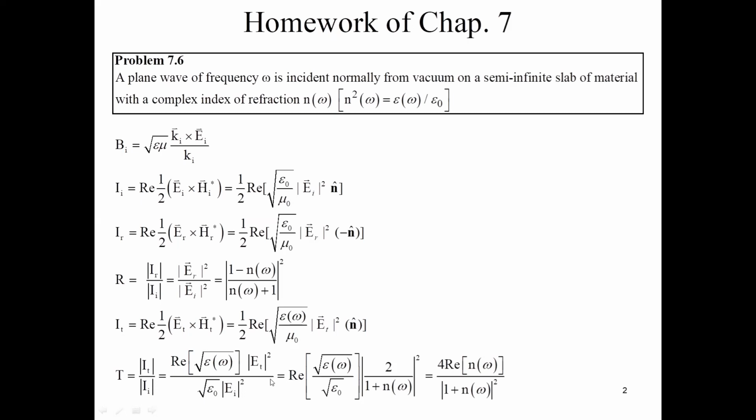And here you will find that the square root of epsilon over epsilon 0 will equal n. Okay, right here. So this will become n real of n.